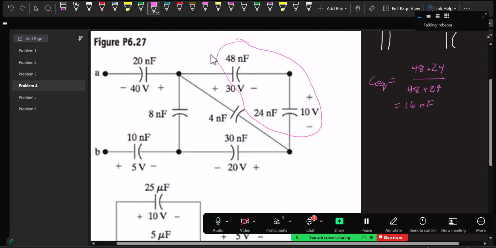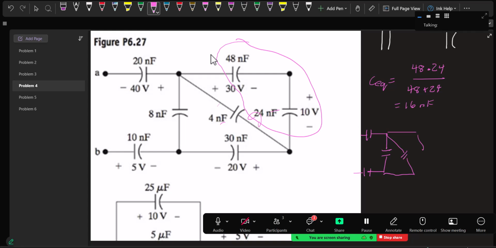So now I have 16 nanofarads, and this one in the middle is 4 nanofarads.